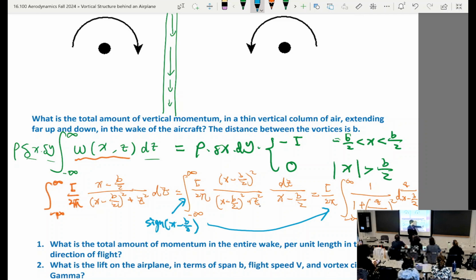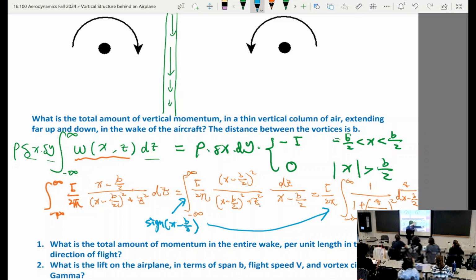If I do a change of variable, say this is my z prime, this is dz prime, so it doesn't depend on x at all. The only thing that depends on x is the sign. To perform this integral, the best thing to do is another change of variable. Think about z over x minus half of b as tangent of theta.